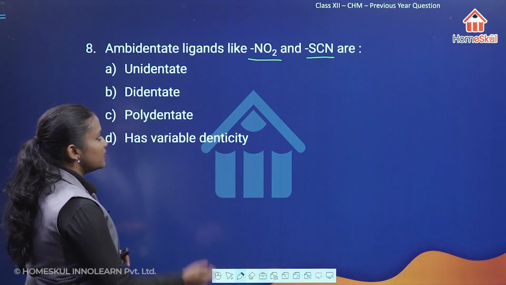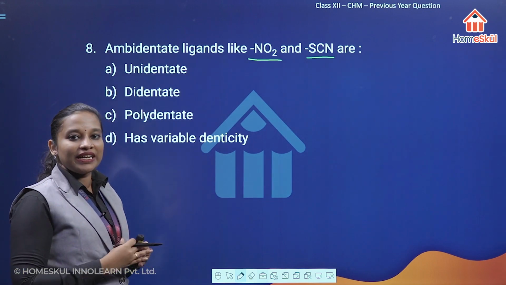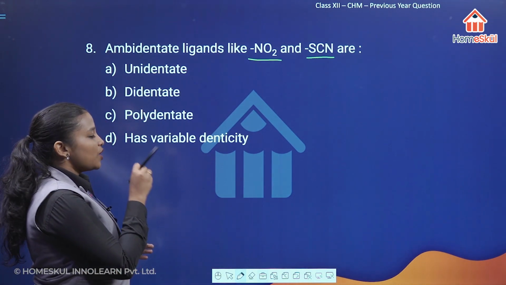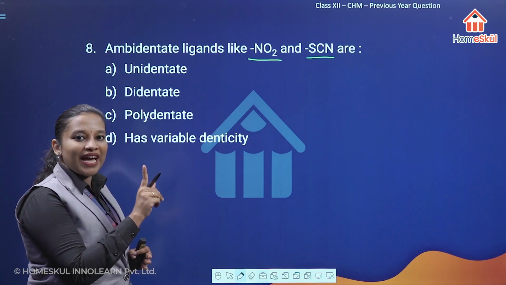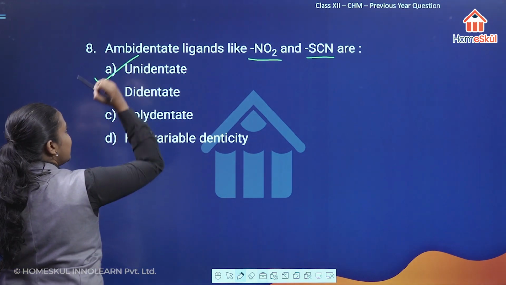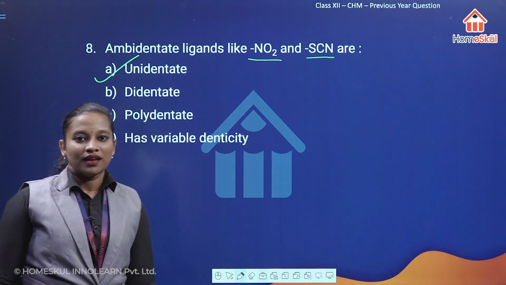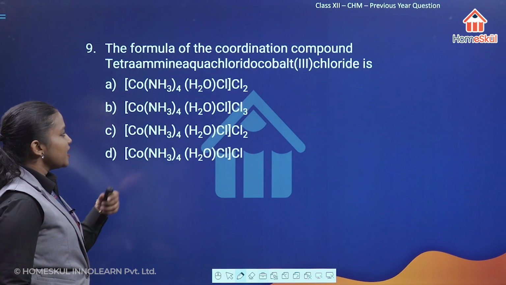So here, NO2 and SCN, both of them are ambidentate ligands, but they can only attach through one atom at a time. So from that, we can see that they are unidentate ligands. Okay, I think it is clear for you. Moving on to the next.